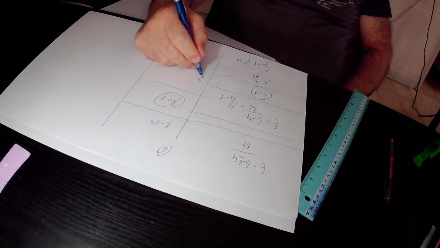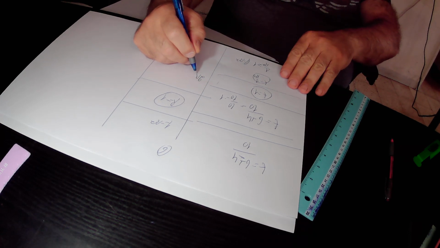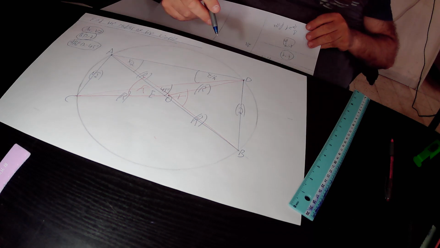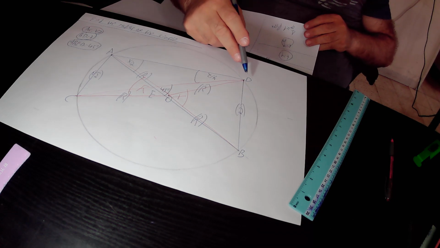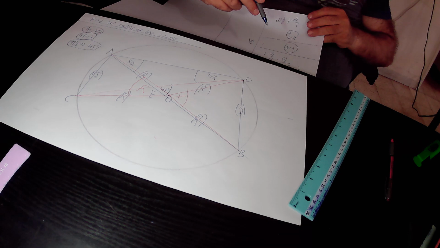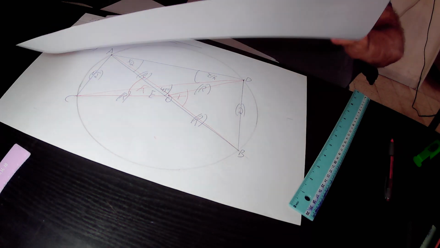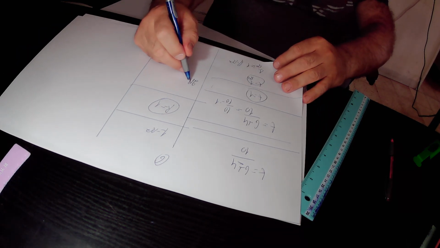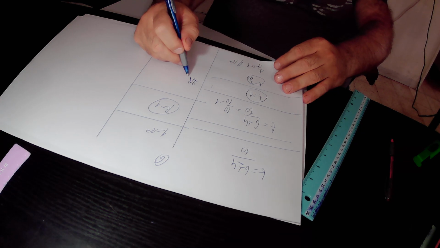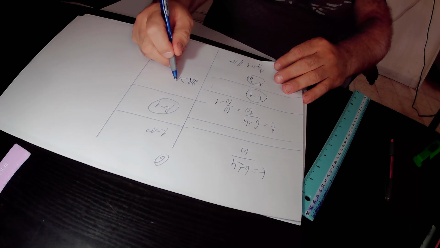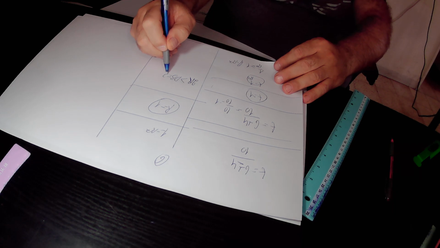So the diameter 2r of this circle, that is the longest chord in the circle, is definitely greater than DB, that is not the diameter, and DB equals 2 according to what is given in the question.